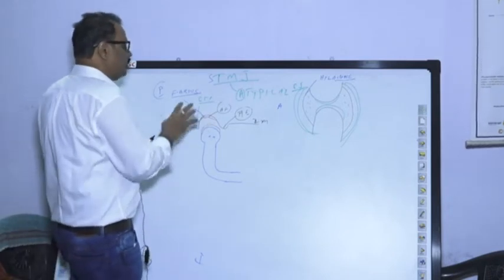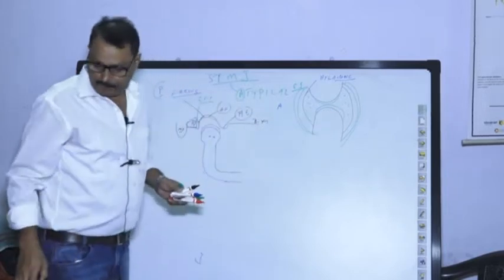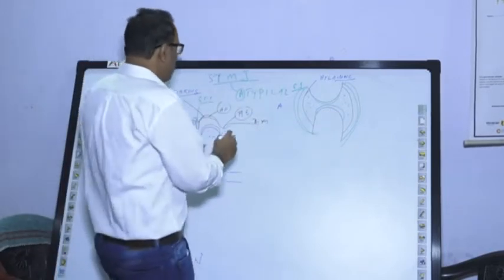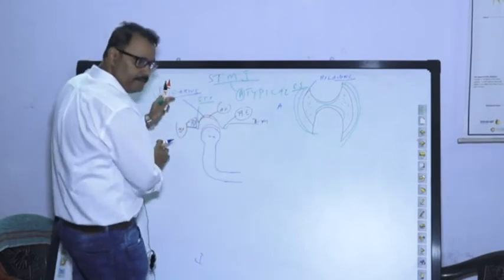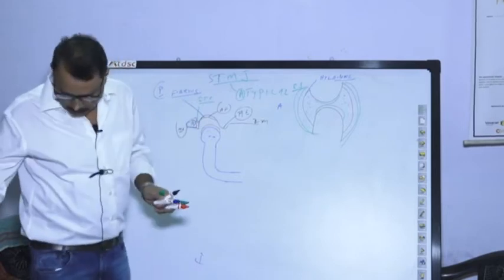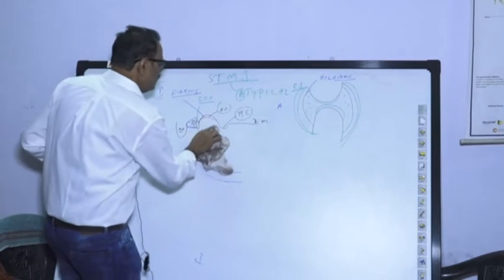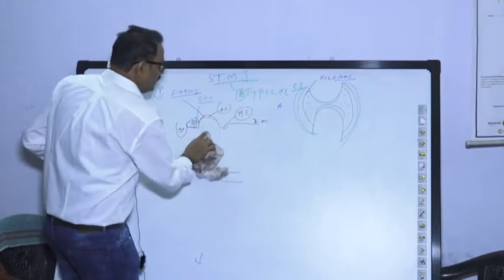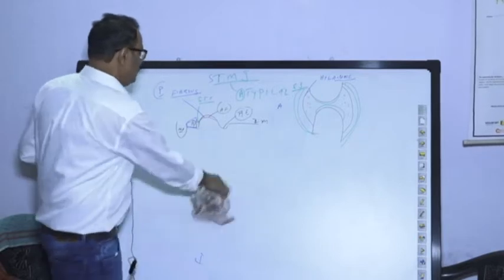Now this temporomandibular joint is reinforced by many ligaments. To make it better, it has to be reinforced with some other structures.